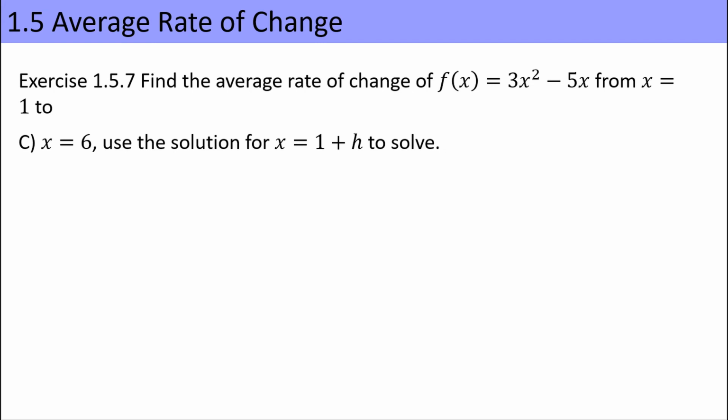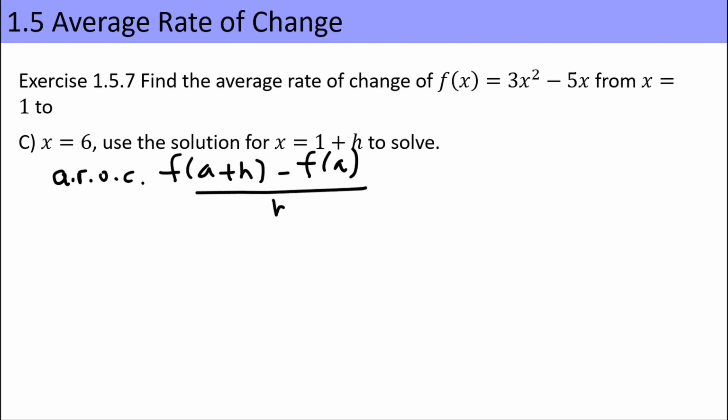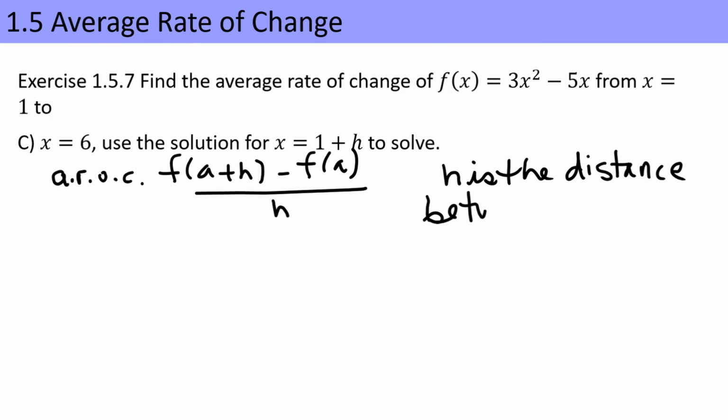Let's recall, when we have the difference quotient formula, which is for the average rate of change, we write as f of a plus h minus f of a divided by h. What we know is that h is the distance between the initial point a and a plus h.